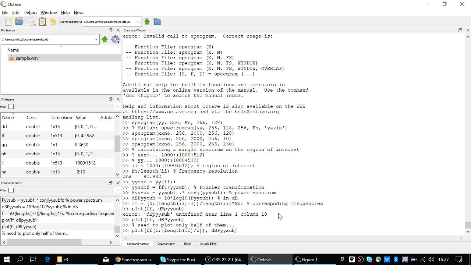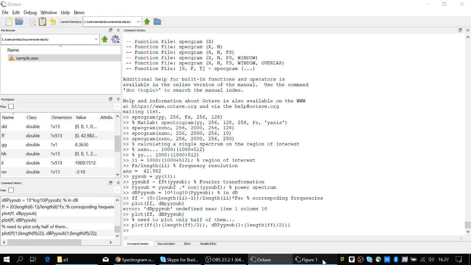Same thing for that one. So from 1 to length FF divided by 2. It's an old habit to put the parentheses, and then of course I usually miss a couple of those. Let's put one more. Yeah.